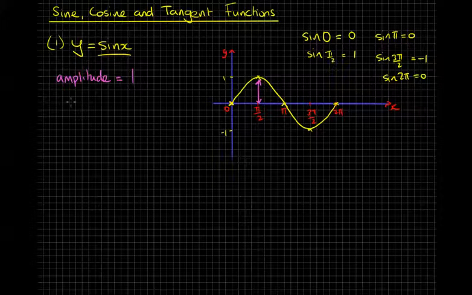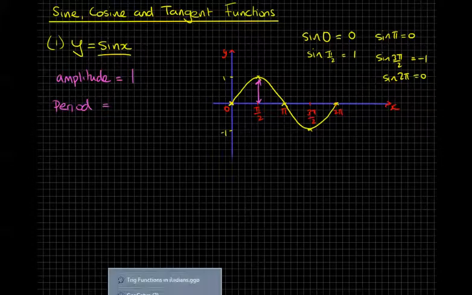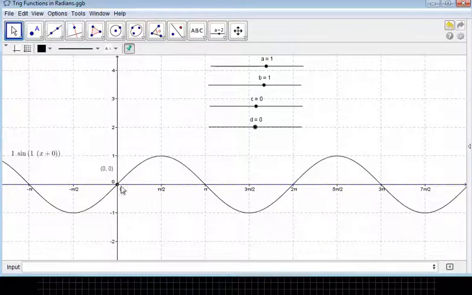The next thing to look at is something called the period. I said this wave repeats itself. Here's the actual wave in some software, starting at 0, pi over 2 is 1, pi is back to 0, and 2 pi is back to 0. It repeats again and again, also in the negative direction, and carries on forever, and the height doesn't change. The maximum is 1 and the minimum is minus 1.